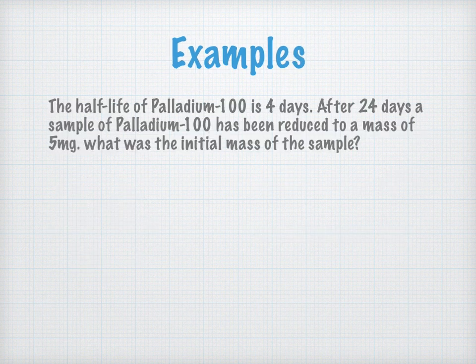Alrighty, last example. The half-life of palladium-100 is 4 days. After 24 days, our sample has been reduced to a mass of 5 milligrams. What is the initial mass of the sample?